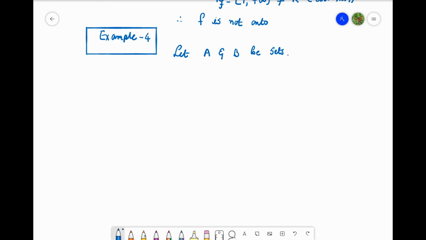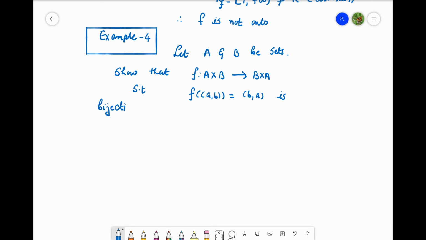Show that f from A cross B to B cross A defined by f of (a, b) equal to the reverse order (b, a) is a bijective function.